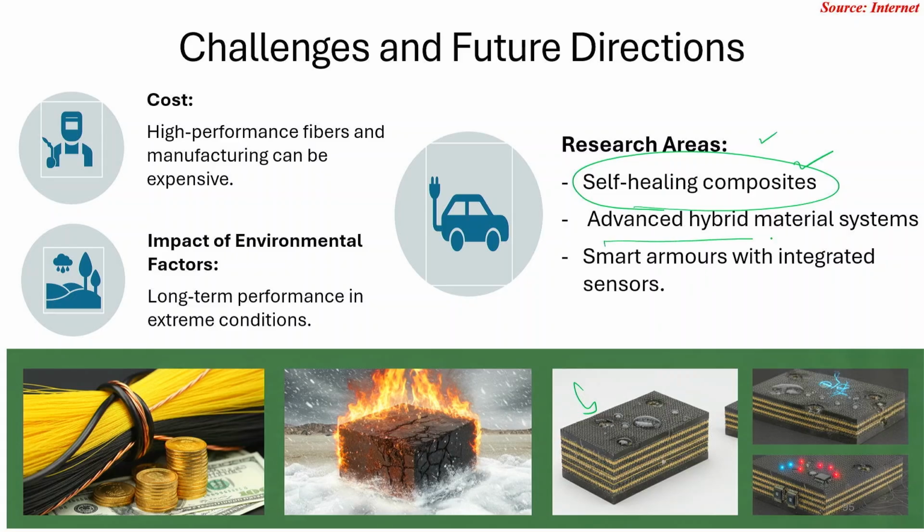Advanced hybrid material systems, there are new types of material people are working on, and also smart armor with integrated sensors. Inside the armor, different types of sensors are integrated, so that we get real time information from the field.